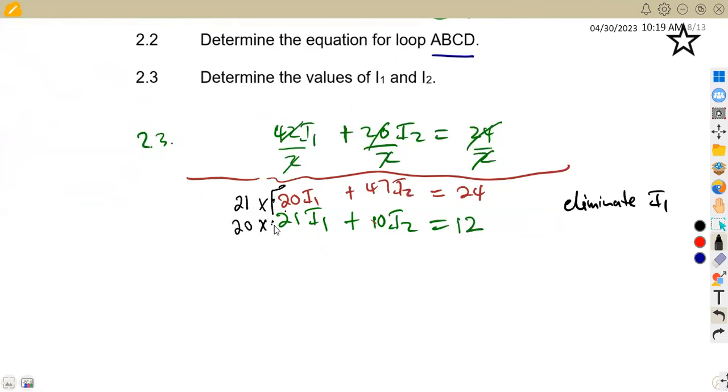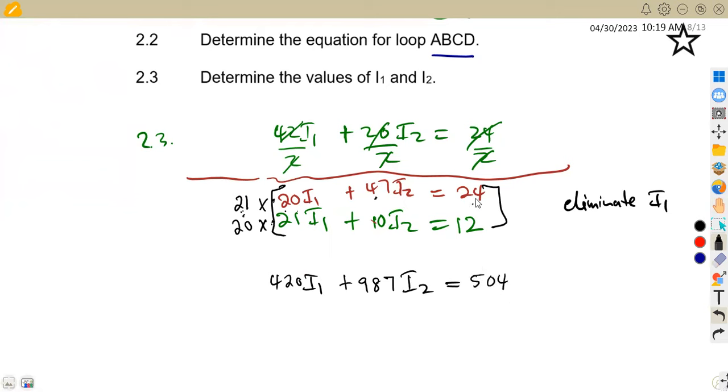So the values that I'm using to multiply, I multiply everything by these values, meaning 21 is going to multiply everything in equation one. That's 21 times 20, which is 420 I1. 21 times 47, which is 987 I2, is equal to 21 times 24, which is 504.